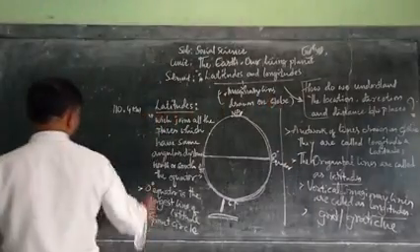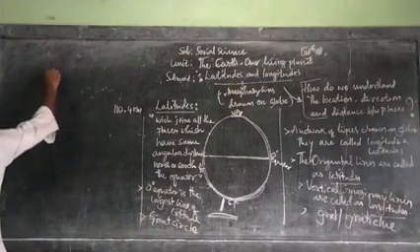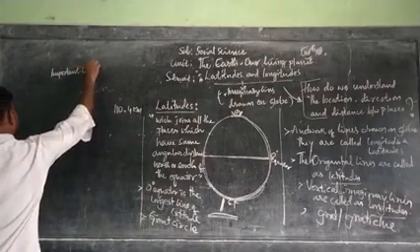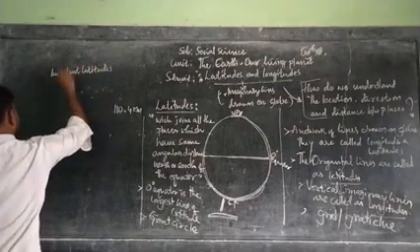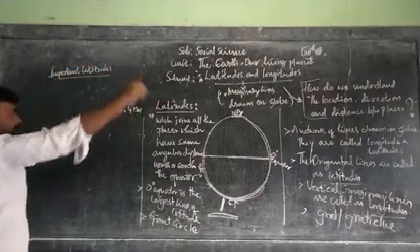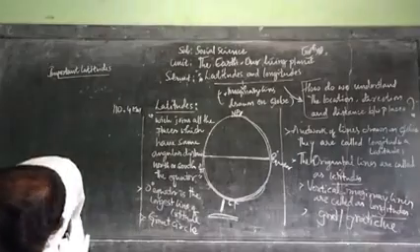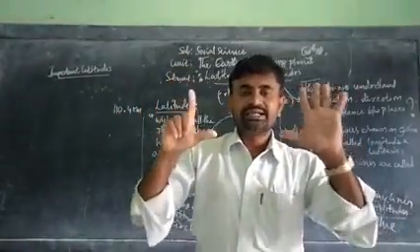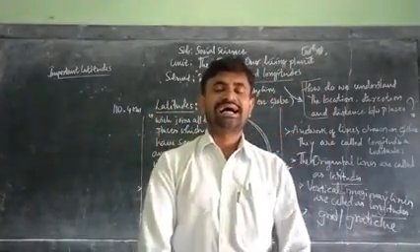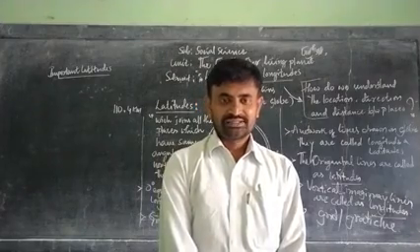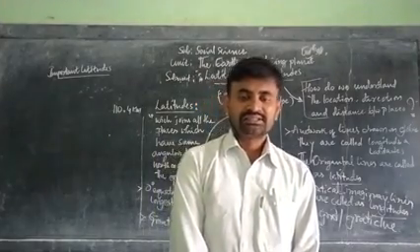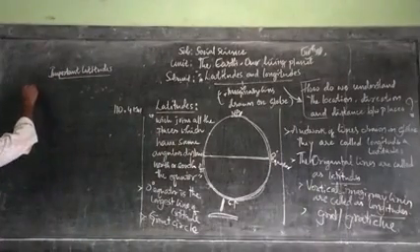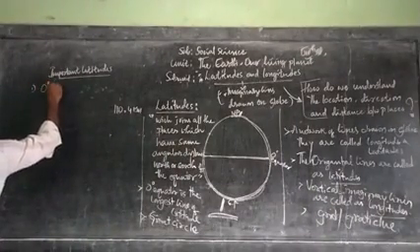See dear students, there are totally 7 important latitudes. The first is 0 degree latitude.